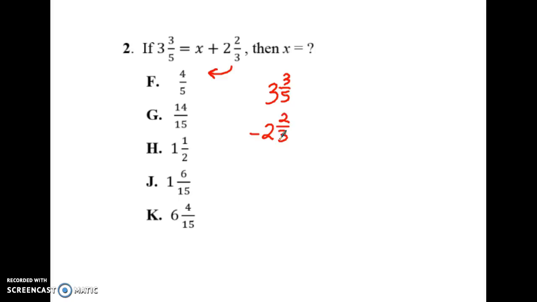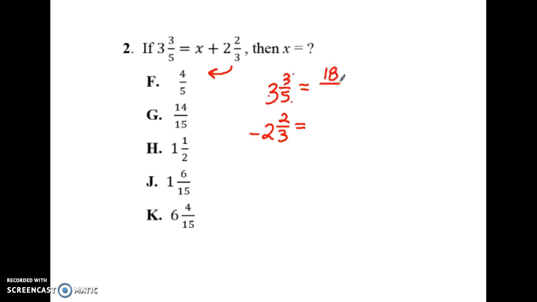Now, if you are good at entering mixed numbers into your calculator, you could simply use your calculator at this point, but sometimes that gives folks trouble. So I'm going to change these into improper fractions by saying 5 times 3 is 15 plus 3 is 18.